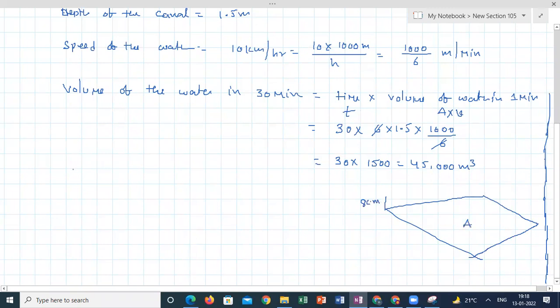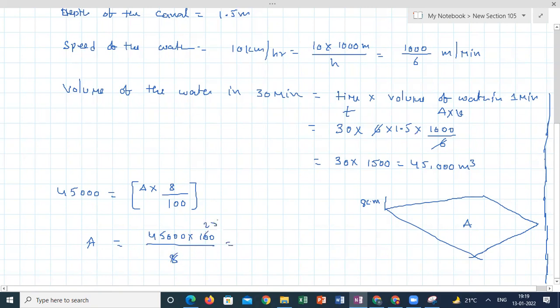The area is A. So the total volume 45,000 is equal to area into 8 by 100, the volume of the water required to irrigate, because 8 is in centimeter. From here, the area of the field to irrigate is 45,000 into 100 by 8. We'll get 4,25, 4 twos.